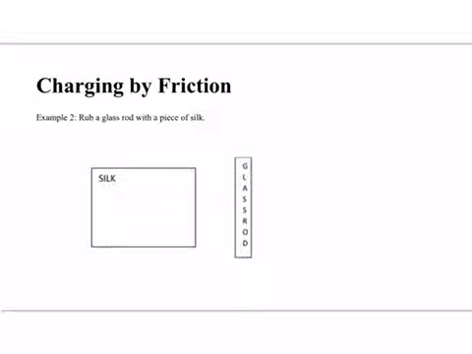We have another example. When we rub a glass rod with a piece of silk, the silk has the ability to gain electrons and the glass rod has the ability to lose electrons. So the glass rod will lose electrons and be positively charged, and the silk, gaining electrons, will be negatively charged.